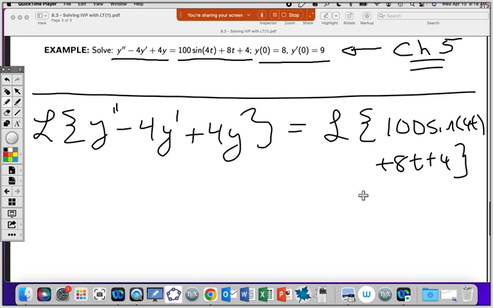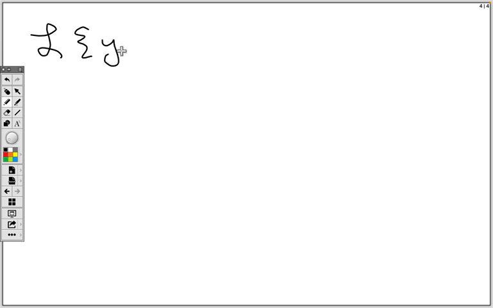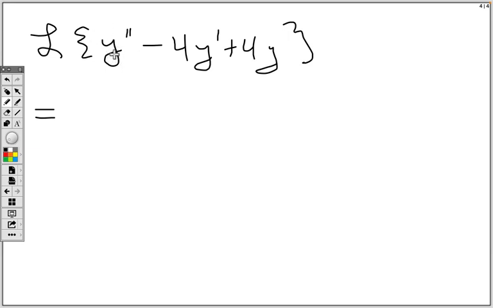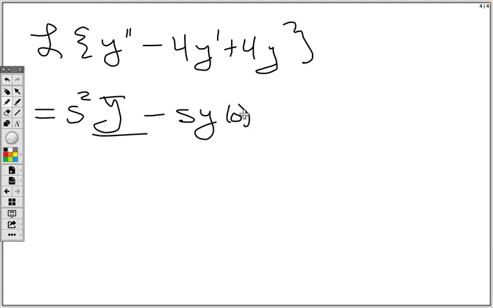And so here we go. Okay, so the Laplace of y double prime, that's going to be s squared times the Laplace of y, which we're calling capital Y, minus s times y at 0 minus y prime at 0 minus 4 times the Laplace of y prime.